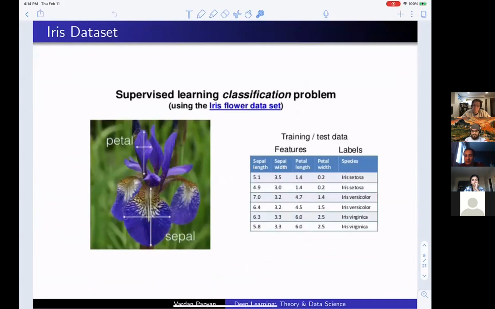And essentially this iris dataset is a dataset of flowers. So the features are related to the petal and the sepal. I actually don't know what's a petal and a sepal, but I assume some of you know. I think petal is like a part of a flower and sepal is another part. And you can see how the petal and the sepal, I'm not even sure if I'm pronouncing this correctly, have a height and a width, right?